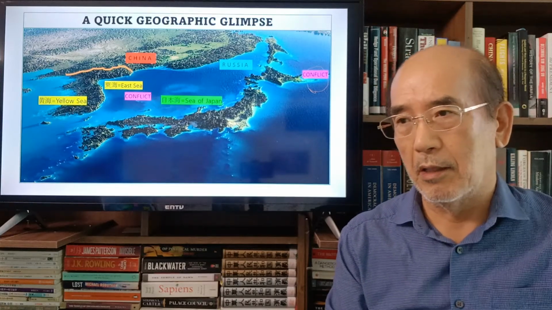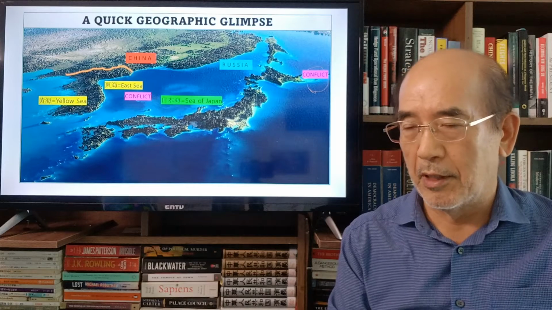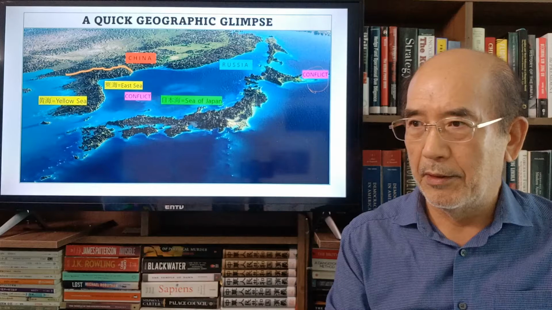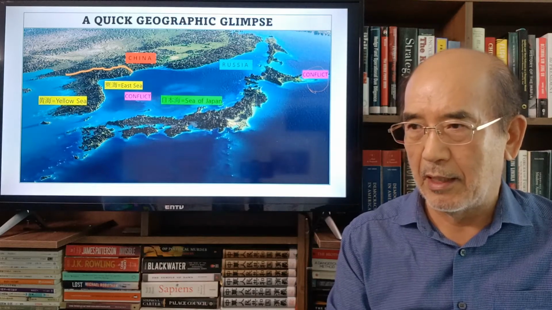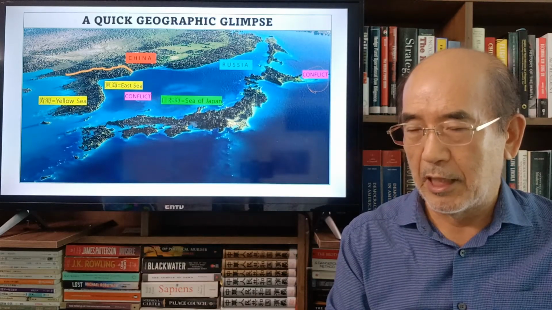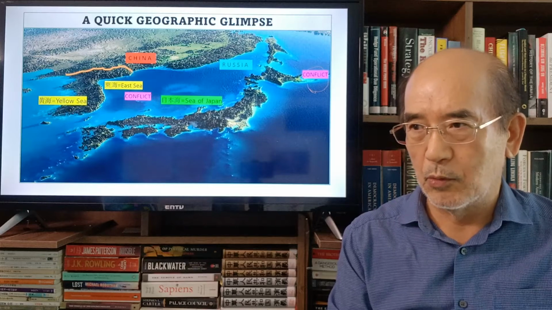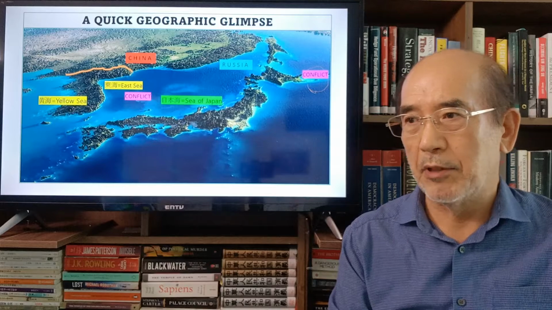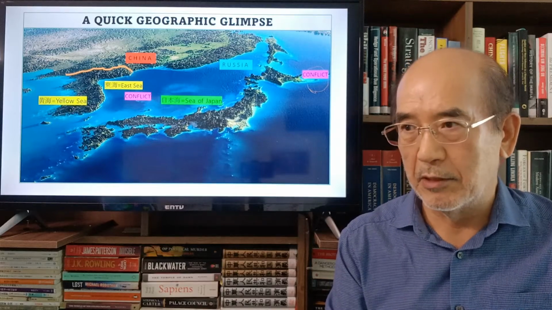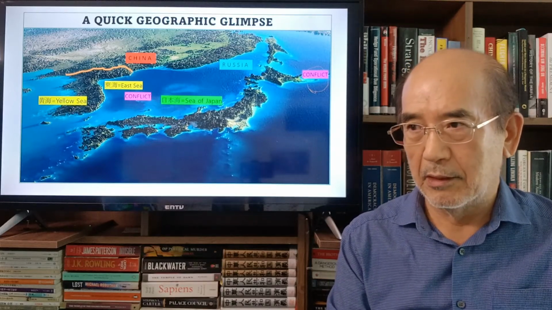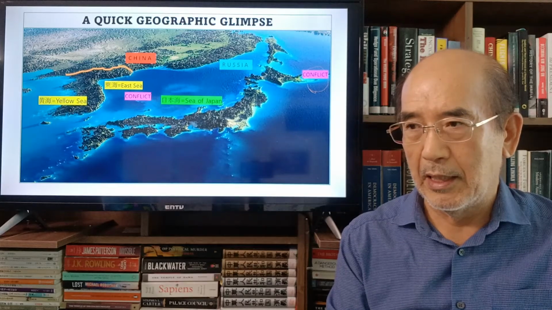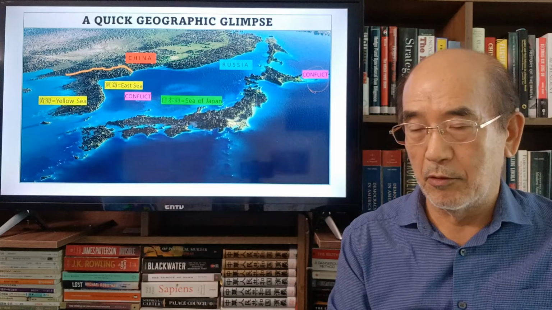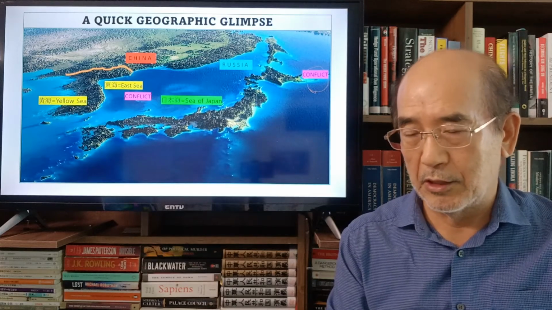So, in contrast to the Korean peninsula, the ruling elites' settlements are on the east coast. That means naturally they look toward the ocean. So, as we'll discuss later, Japanese civilization has been started and led by the relation with the Western powers that start from the ports on the east coast.